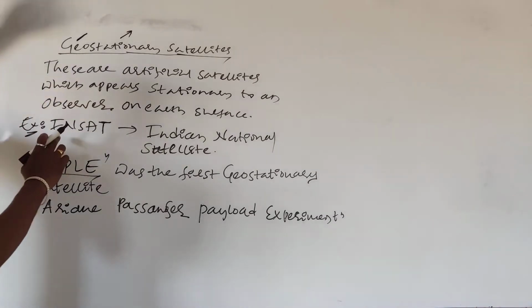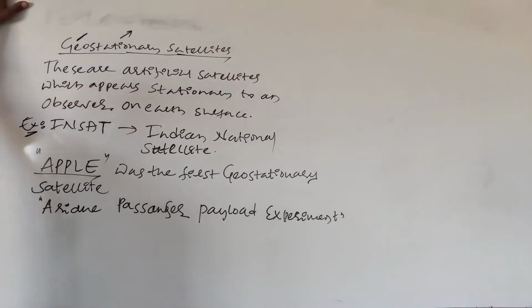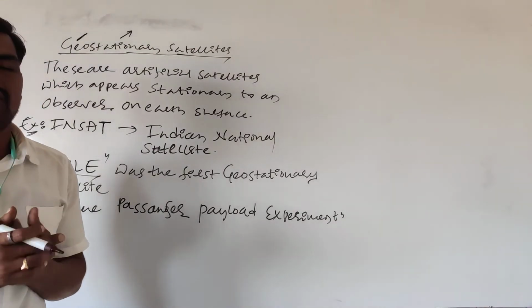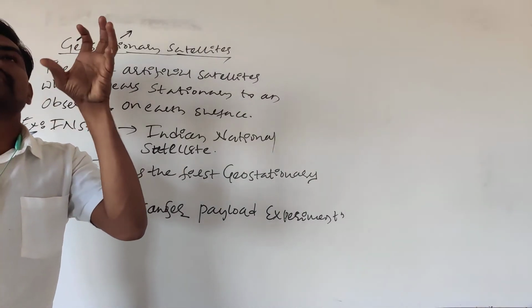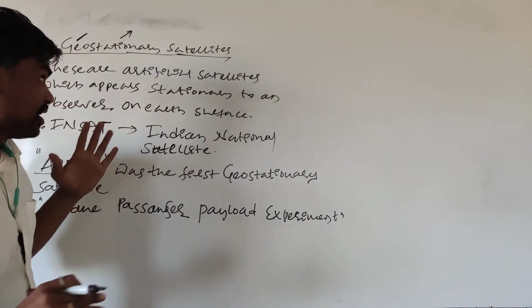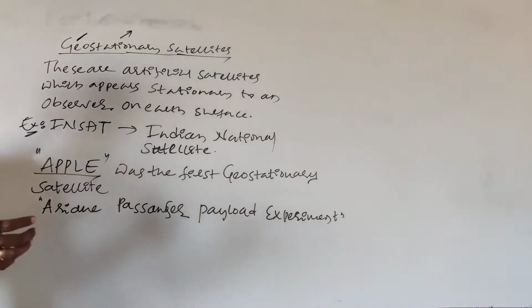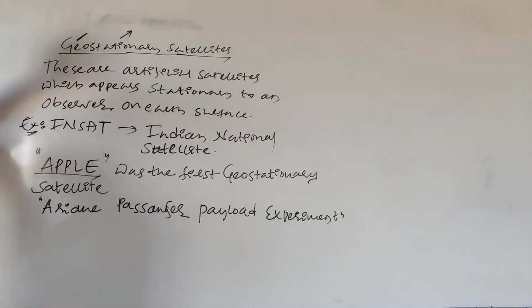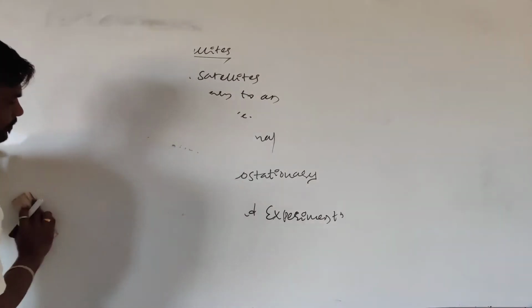Another example is INSAT, the Indian National Satellite. When we observe these satellites from above the Earth's surface, they appear stationary to our eyes. Those types of satellites are called geostationary satellites. After this one, polar satellites.